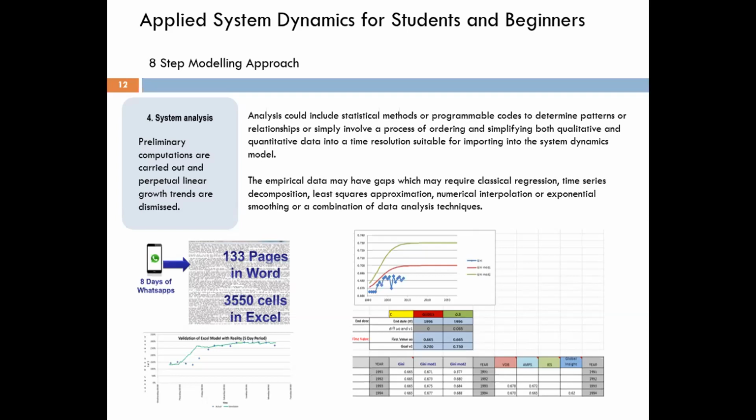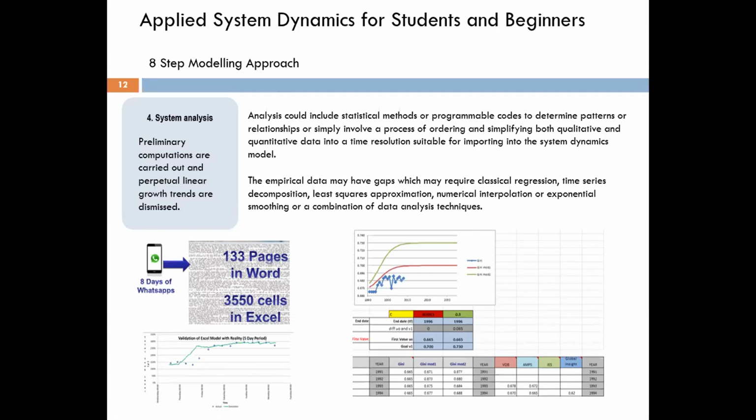As far as the system analysis is concerned, what we also found in this step is that sometimes we end up with data that have gaps in it, especially projects that involve energy data or any other data where we have gaps.